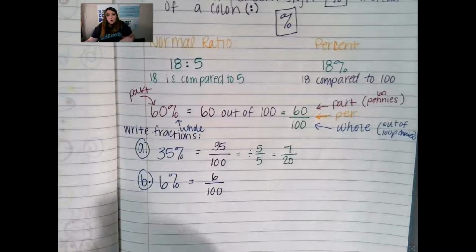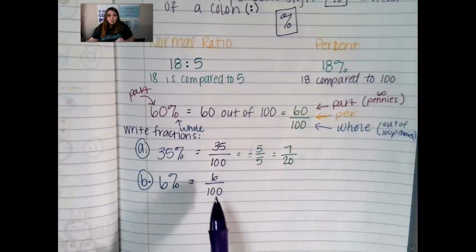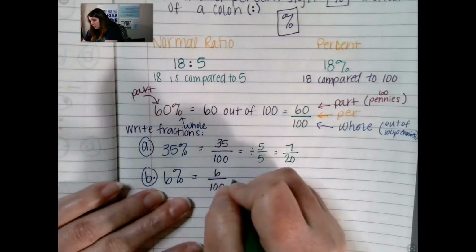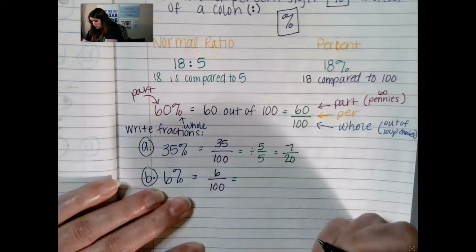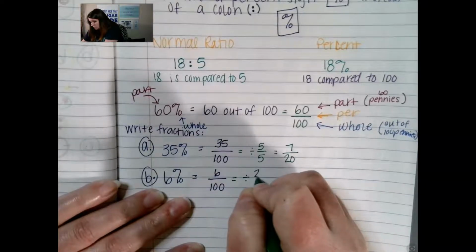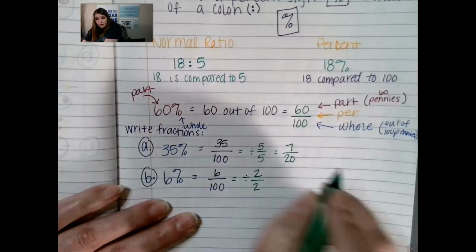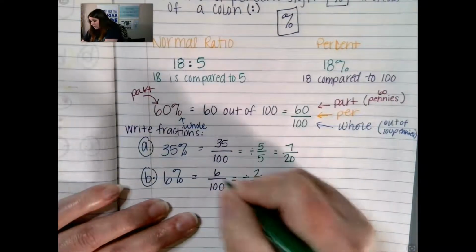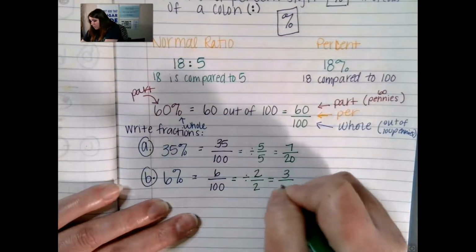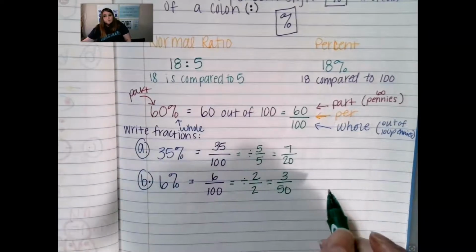I could then divide by 2 over 2, and I get an equivalent fraction: 3 over 50.